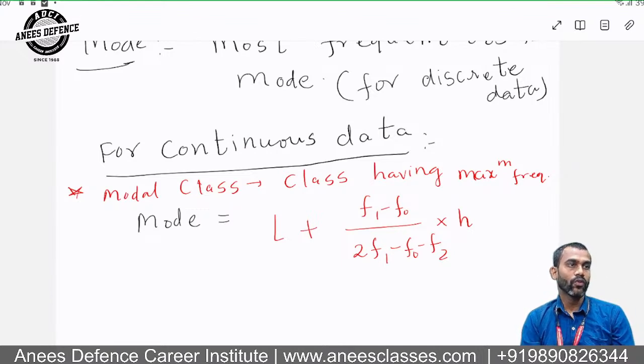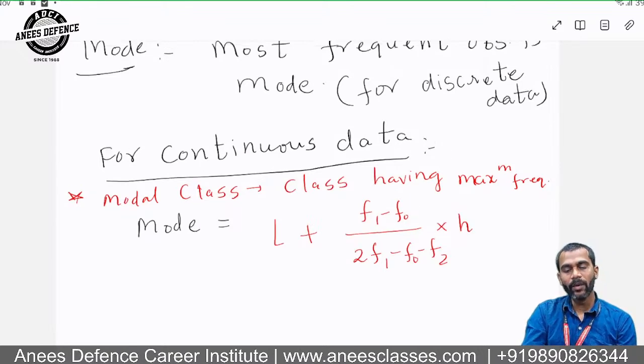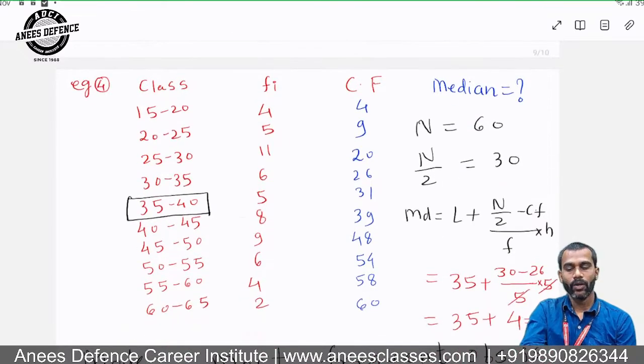Yes or no? F1 is the frequency of the model class, and F2 is the frequency of the class succeeding the model class. Yes or no?